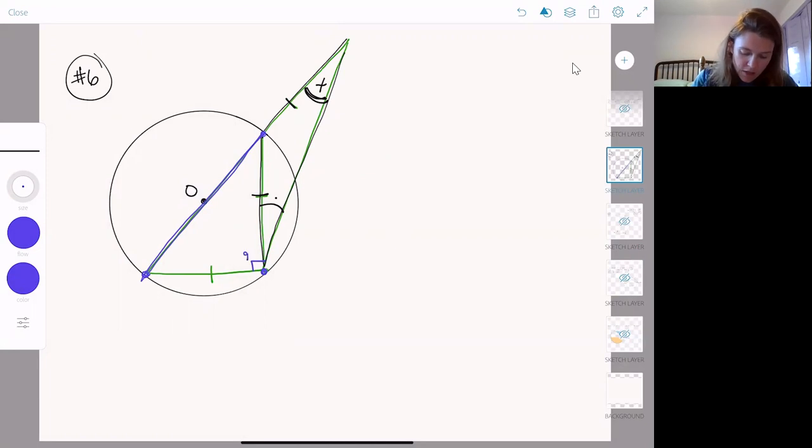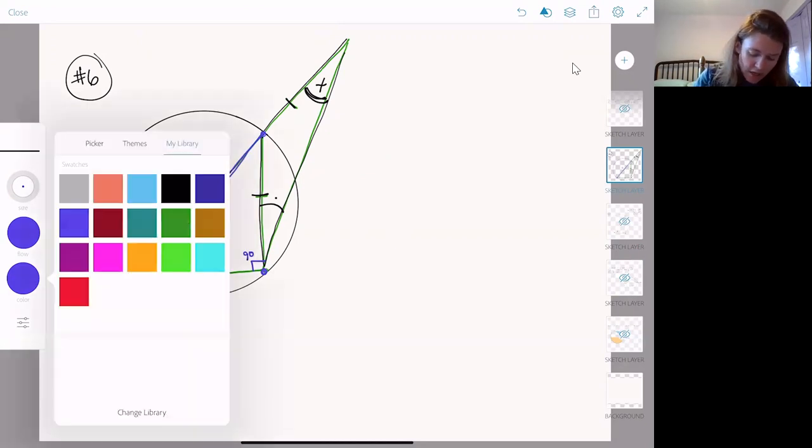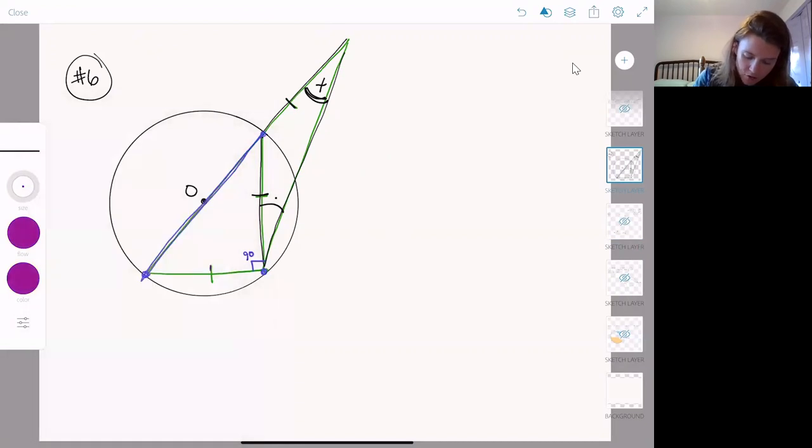Okay, so that's going to be 90 here. And if the other two sides on my right angle are equal to one another, that tells me that these two angles are going to be equal to one another. So I know that each one of these is 45 degrees.